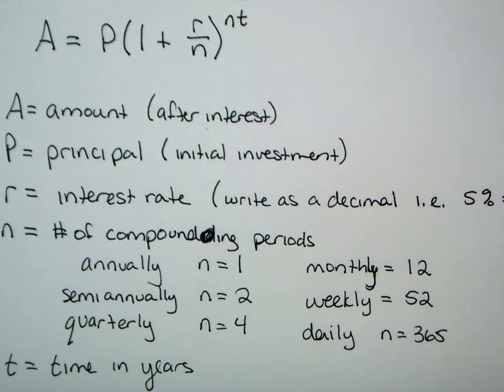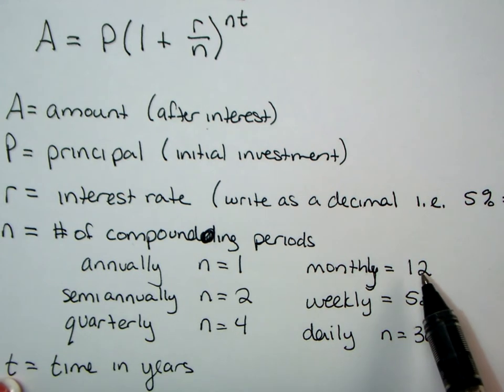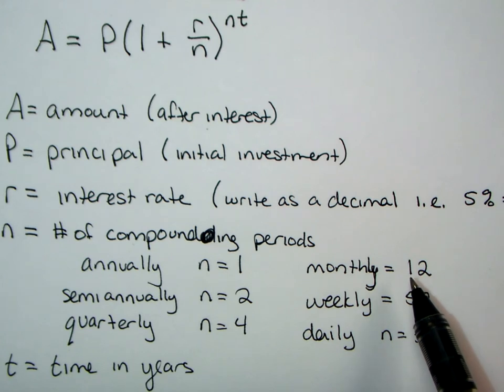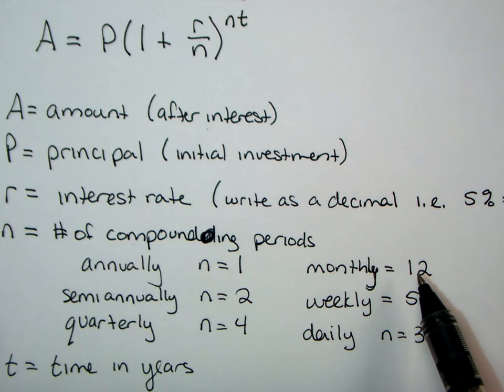Now when we compound the interest, you're going to get interest on top of your interest. Say the first month you got like 10 cents in interest. The next month you're going to get interest on your initial investment plus that 10-cent interest, so you're going to get like 11 cents the next month. And so it keeps going up.